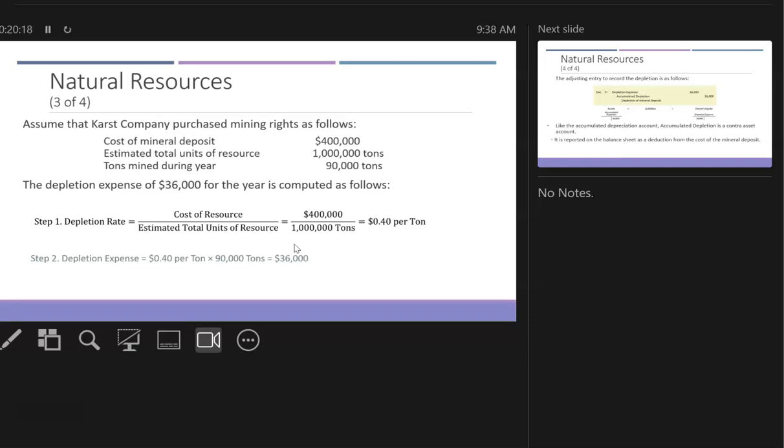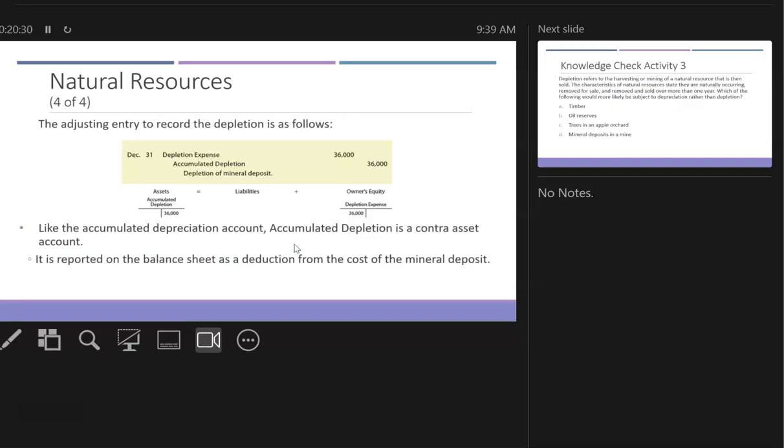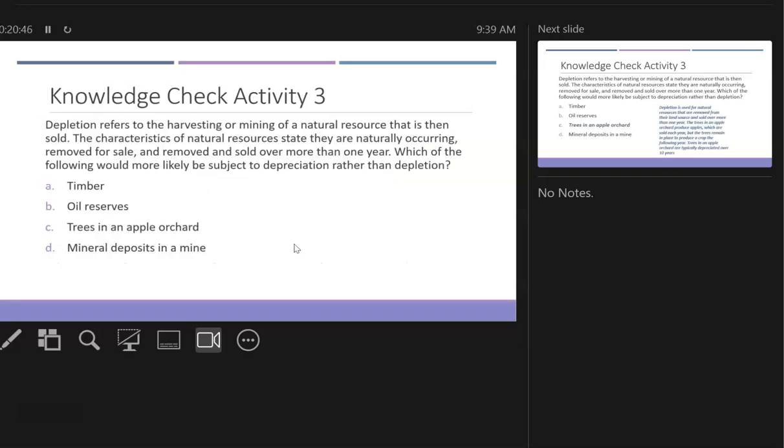Since this year they mined 90,000 tons at 40 cents per ton, they get to write off a depletion cost of the 36,000. So know that for natural resources, it's like depreciation, except we call it depletion, and we'll also have an accumulated depletion account. Depletion refers to harvesting and mining of a natural resource.